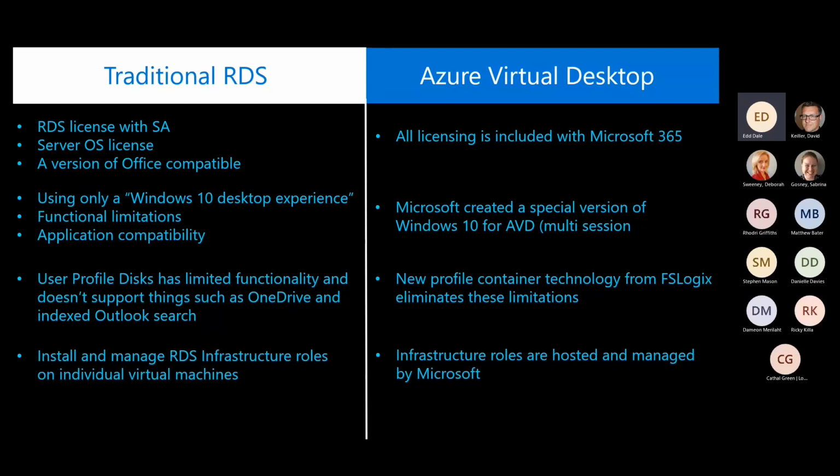With a traditional RDS deployment, look at the number of licenses that you need. First of all, you need an RDS license with software assurance. You then also need a server OS license. You then need a version of Office compatible with RDS. So there's three licenses you're going to need to get started.